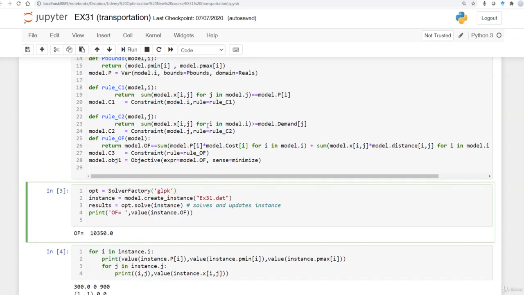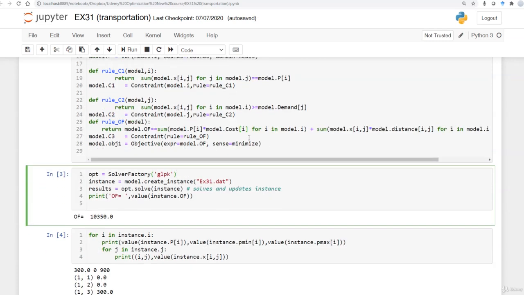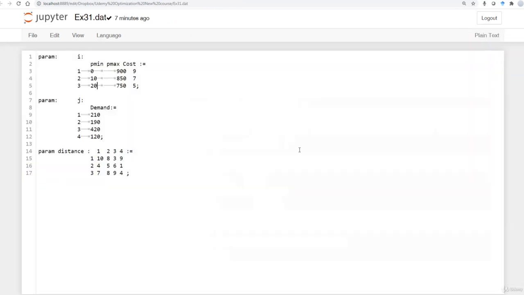The model, as you can see, is a linear programming one, and also we have to specify the data. So as you saw, we have some parameters defined on I. So param over I, 1, 2, 3, P min, P max, and cost.